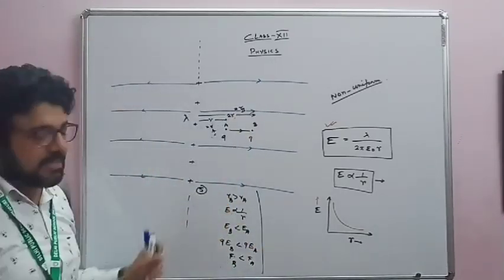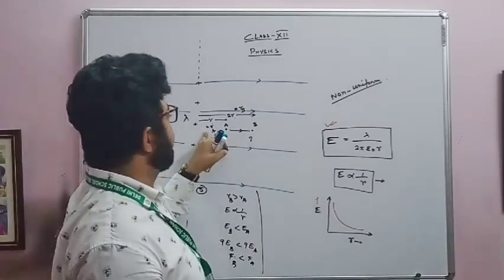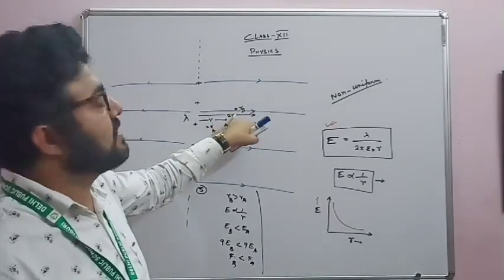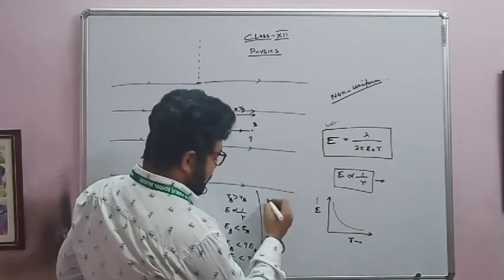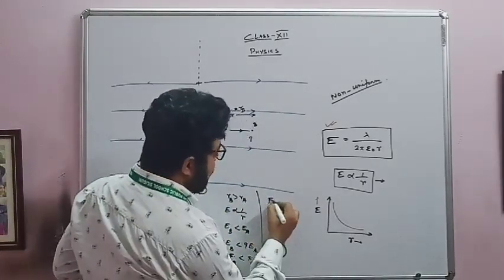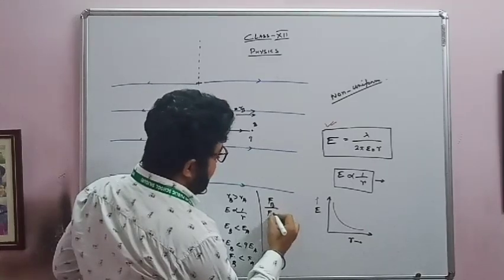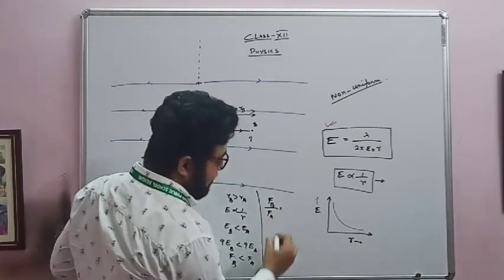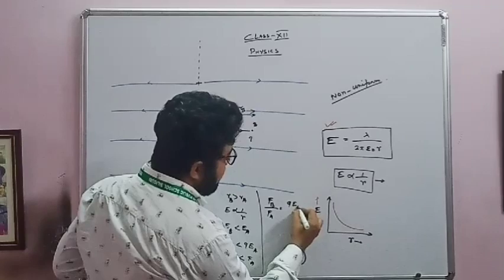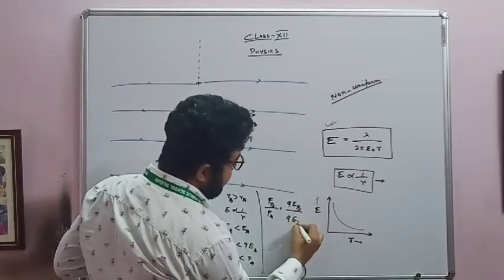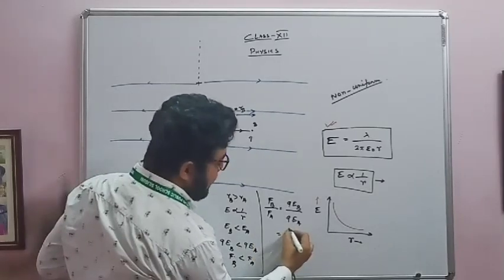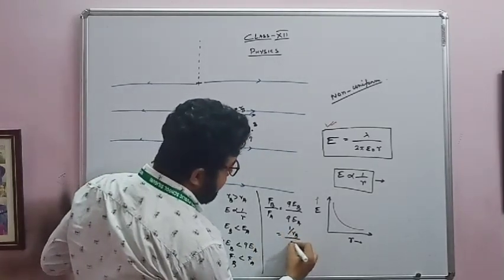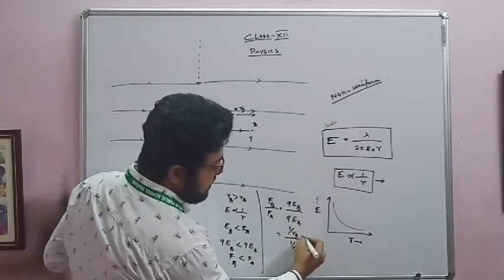And now the sixth. Suppose they ask you this distance is R, this distance is 2R. What is the ratio of their force? So now we know the force at B by force at A, or force at A by force at B, is QE_B by QE_A. E is inversely proportional to distance. So what do we write? 1 by R_B by 1 by R_A, because they are inversely proportional.